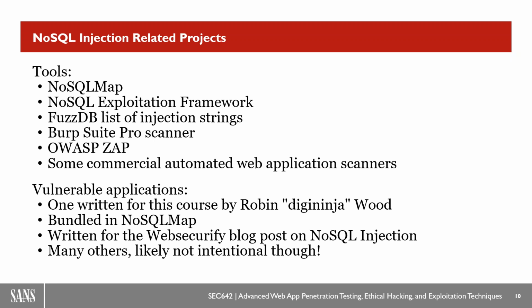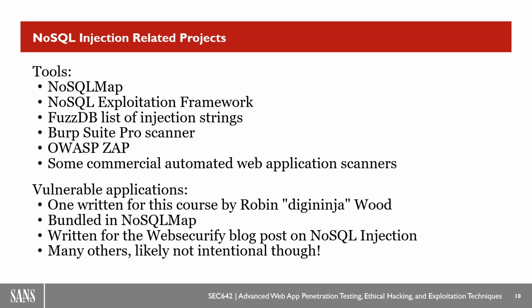You'll see it very shortly. So DigiNinja wrote one. There are additional testing pages written inside the tool NoSQL Map. The Web Securify blog on NoSQL injection has an example, and there are probably some others.